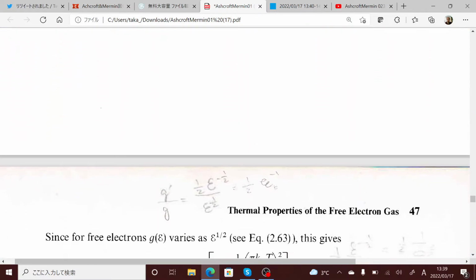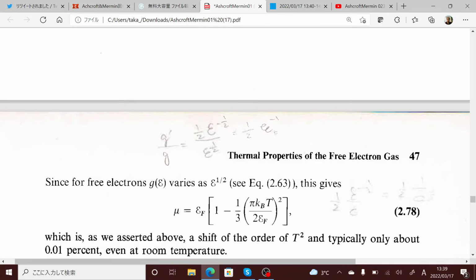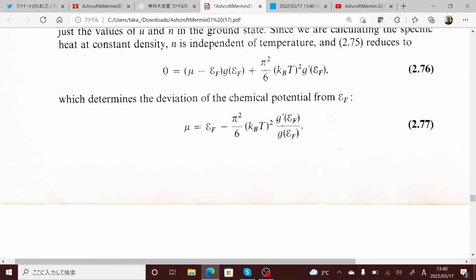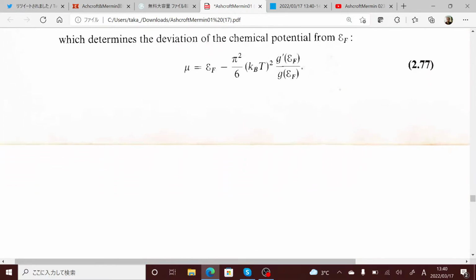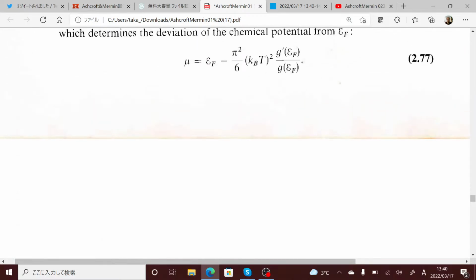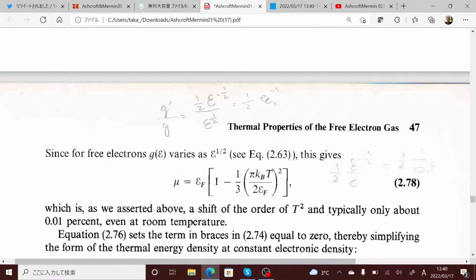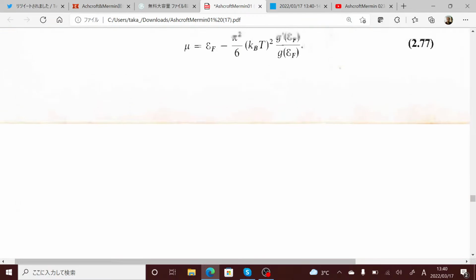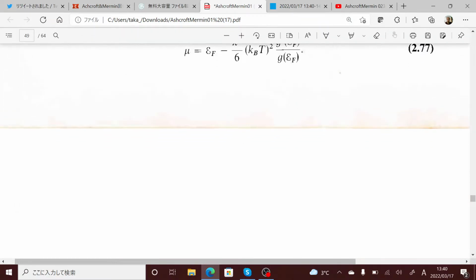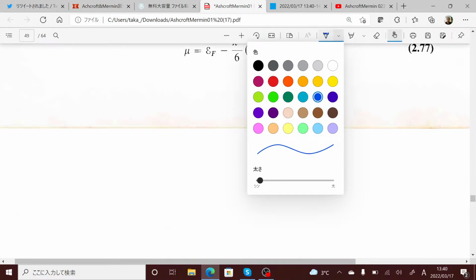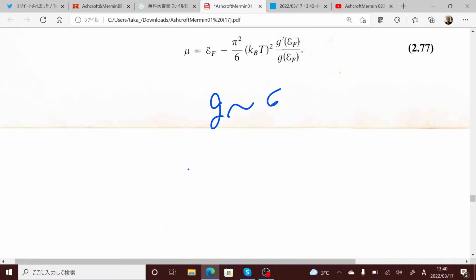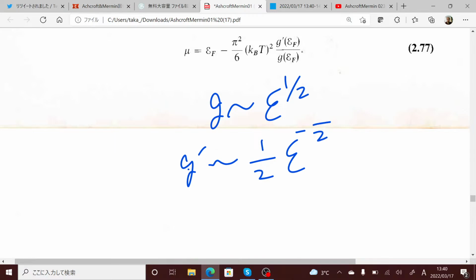Let's calculate here. If G goes like epsilon to the 1/2, G prime goes like 1/2 epsilon to the minus 1/2.